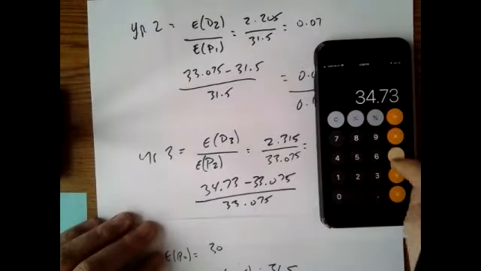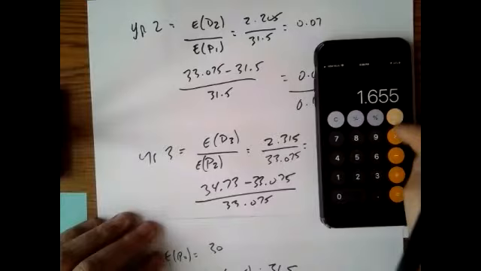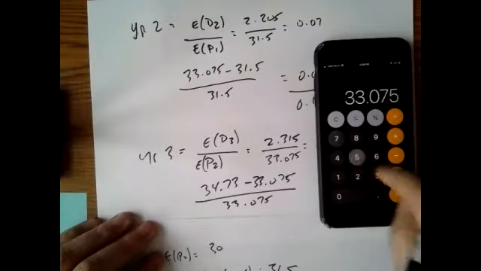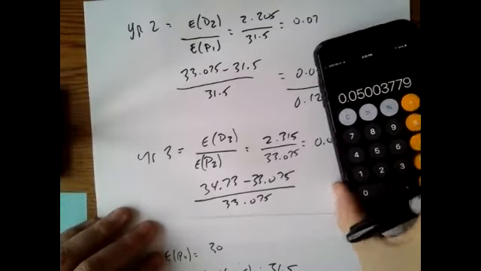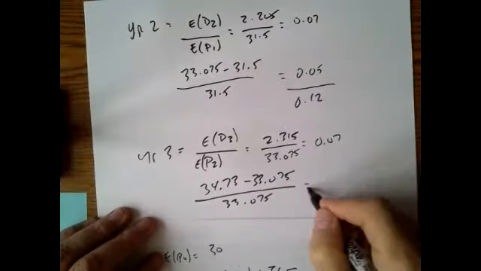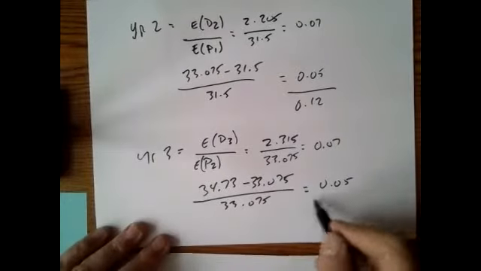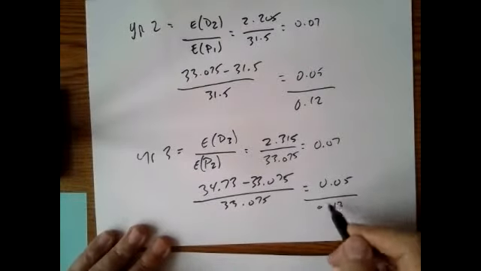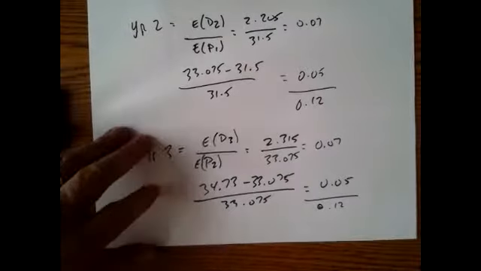I give you that, and there you go. That's a result of a little bit of rounding, so 0.05, close enough. Which again adds up to 0.12, which is our required rate of return on our investment.